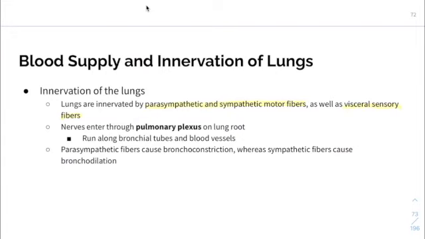At the base of our lungs, we have this plexus. It comes out through here. Lots of nerves that all connect together. They're at that root where the lungs and the bronchus connect. And these plexuses run along these bronchial tubes.